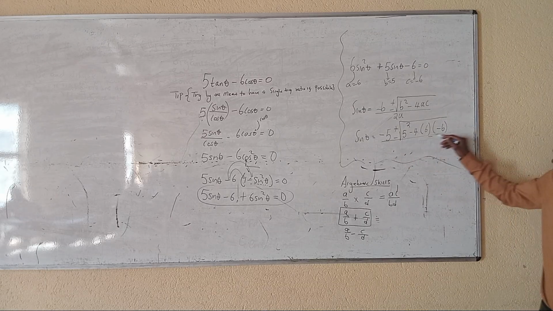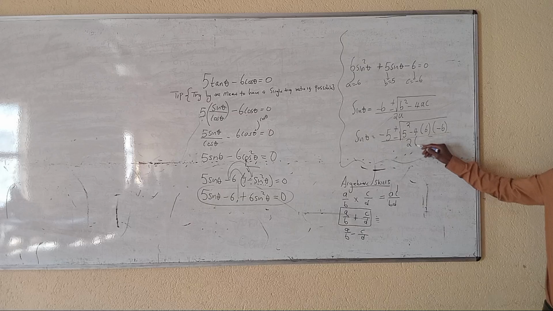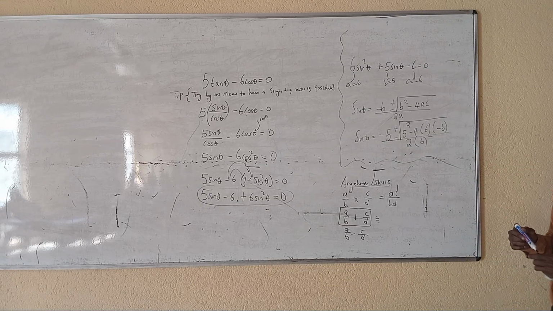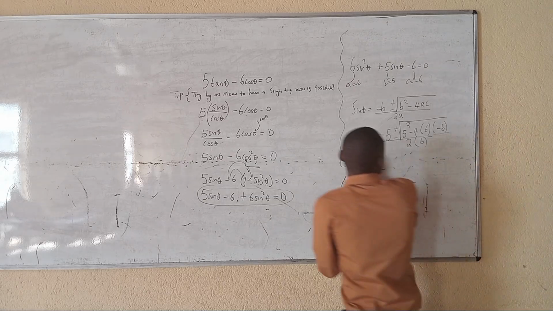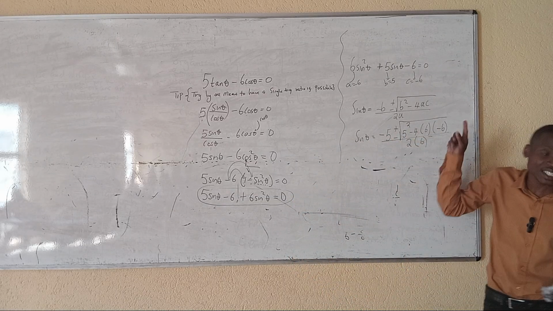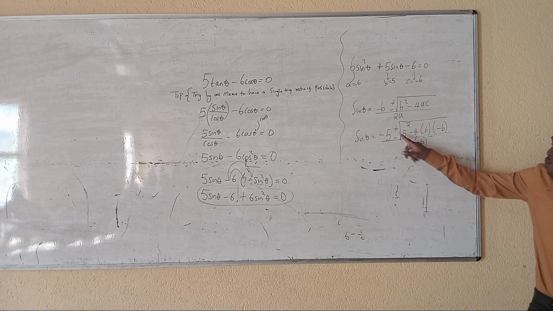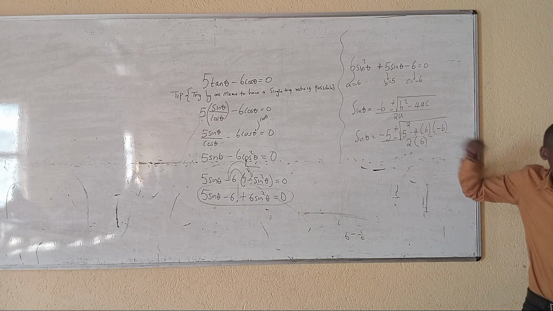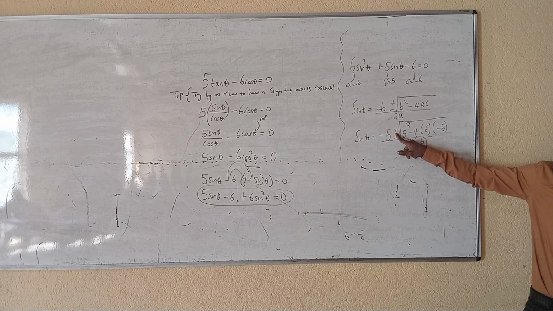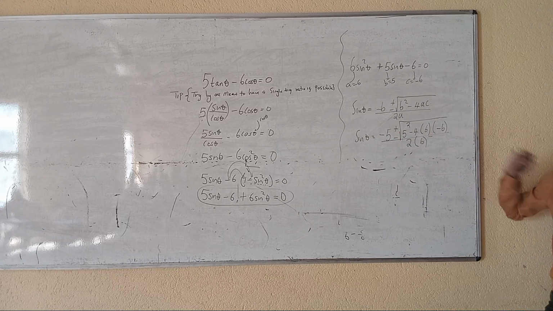All over 2 into your a, how much? 6. Now, let us focus on the right hand side. Tell me what we get on the right. Let's use the positive sign first, then we will use the negative later. So you say minus 5 plus, you put everything as it is on your calculator. How much do you get on the right hand side?